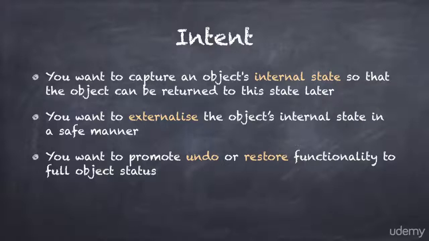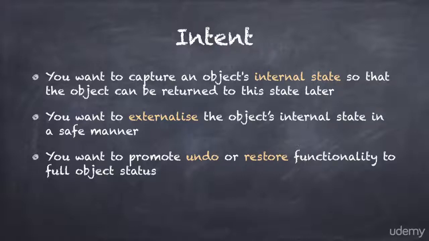In this pattern, I am working with one or more objects with internal state. In the terminology of the pattern, these objects are called the originators. The state information is private to the originator and must not be readable or writable by any other object.